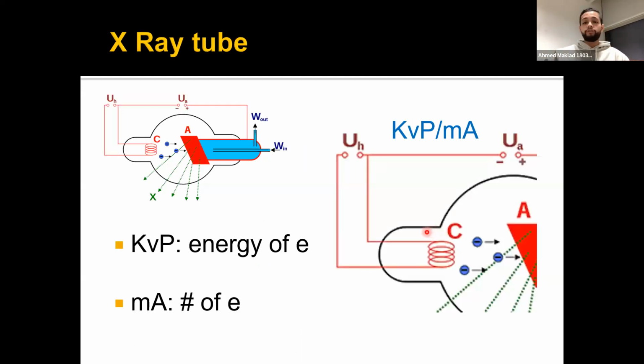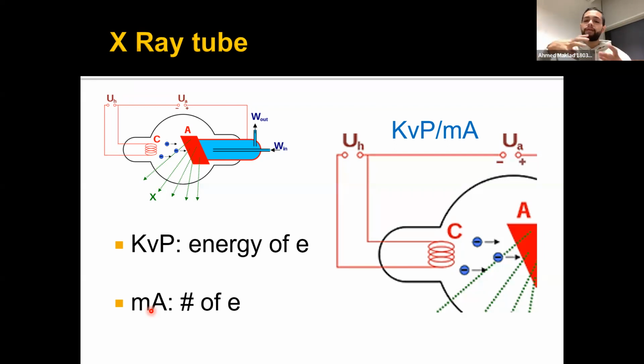All right. There are 2 things you guys need to know. You need to know the kVp and the mA, or the milliampere. Now, the kVp is the energy of the electron, and the mA is the number of electrons. And you need to remember one thing. If you increase the energy of an electron, you will get a worse image. And contrast this with the milliampere.